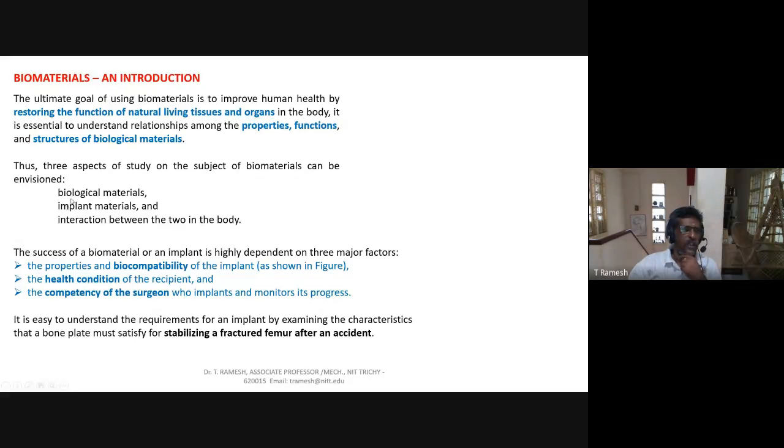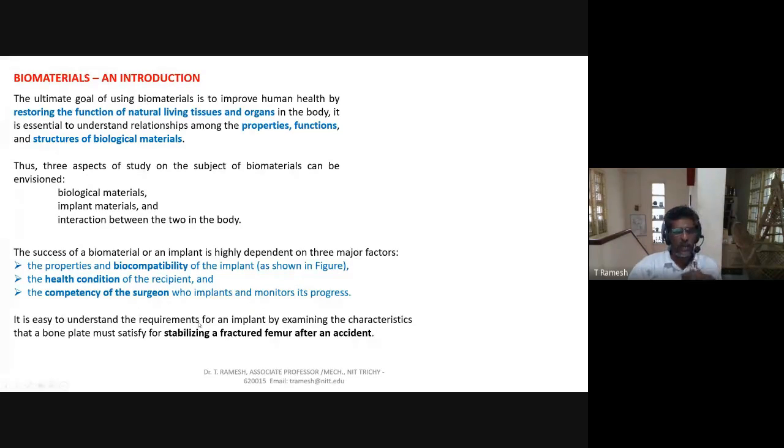One is biological materials, another is implant materials, and the third is the interaction between the two in the body. The success of a biomaterial or bioimplant is highly dependent on three major factors: how biocompatible the developed material is, the patient's health conditions, and the competency of the surgeon who implants and monitors its progress.